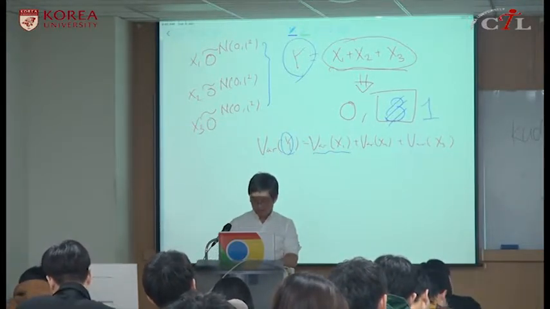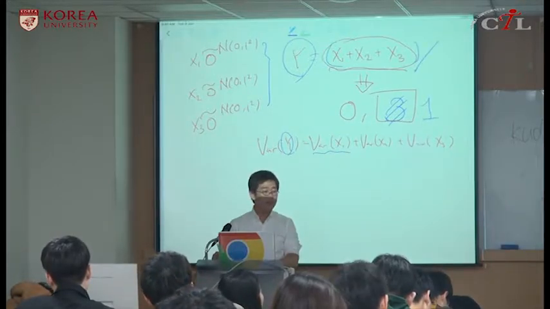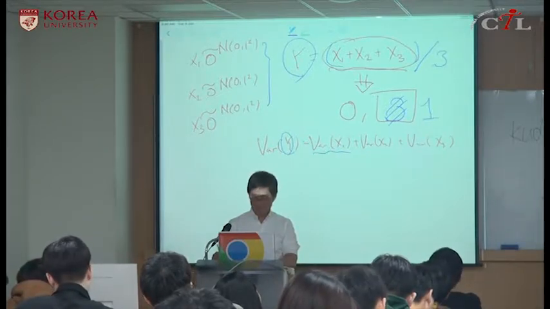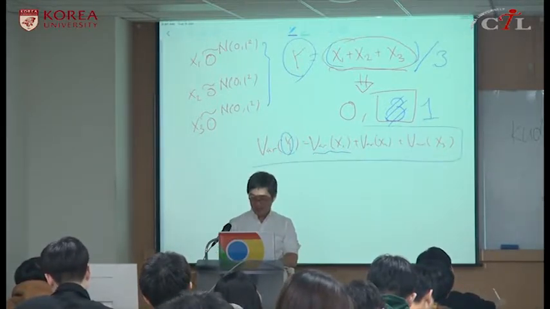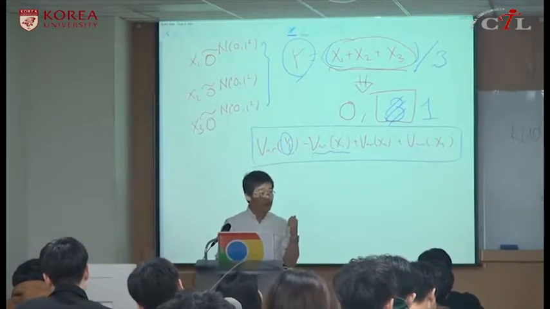So in this case, we can simply divide it by what? 3 or? This is the relationship in terms of the variance, right?